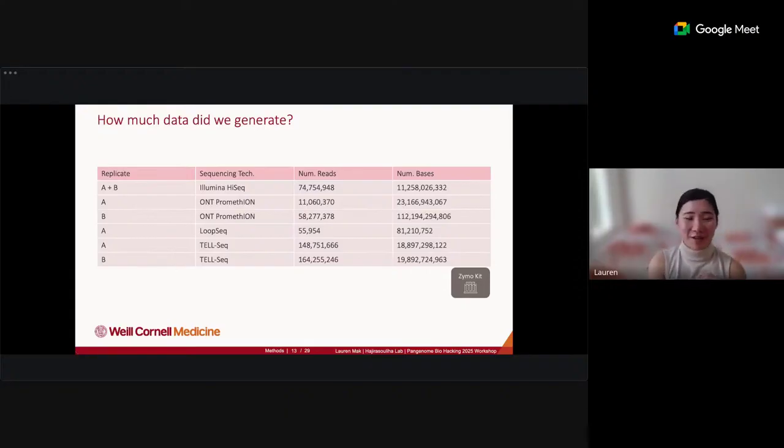So a small takeaway here, it's not just to show you numbers, is that not all sequencing technologies are created equal, and as a bit of foreshadowing as to what each of the data sets are capable of and why they were integrated in the workflow the way they are.